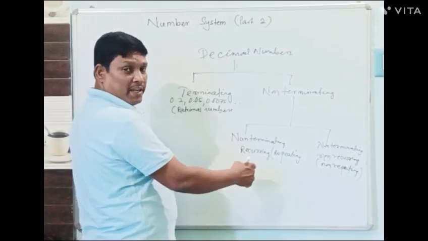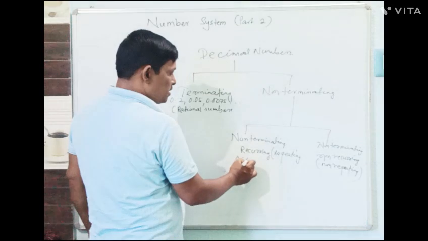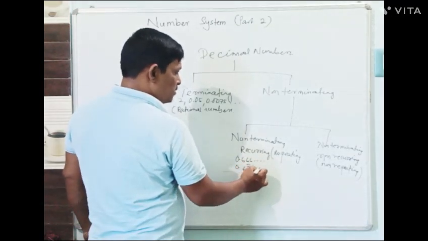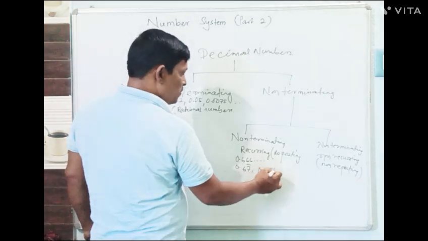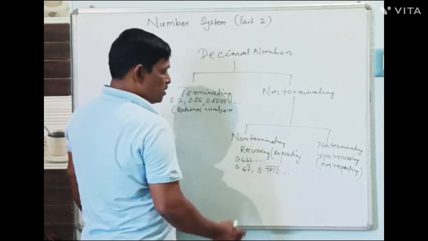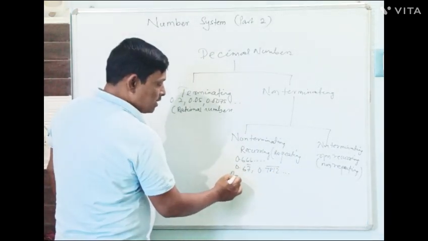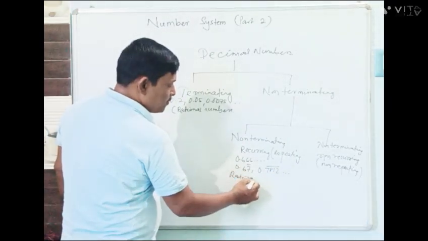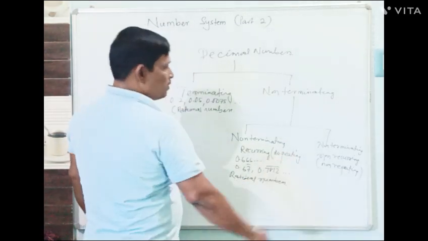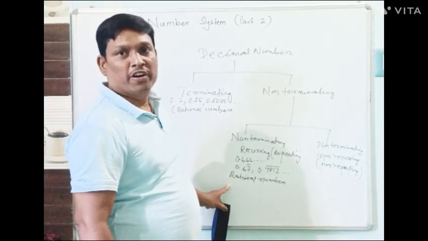Repeating means 0.666 and so on, 0.67 bar, 0.7812 bar. These are examples. These are also rational numbers because they can be converted into p by q form.